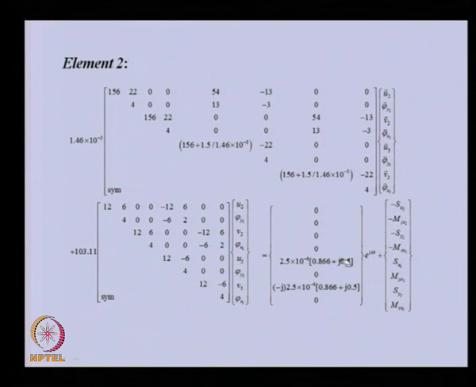This is the unbalanced force corresponding to node 3, because the disk is at node 3 of element 2. Because we have both plane motion, this is the horizontal force component and this is the vertical force component of the unbalanced force. Let us see how we have introduced this.